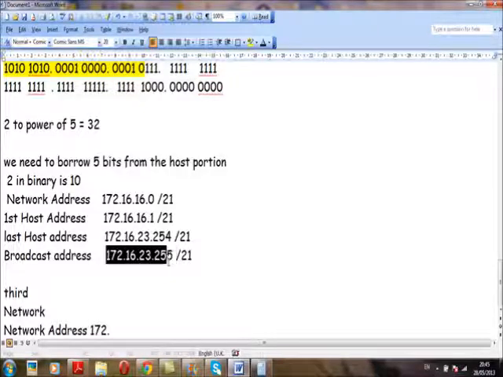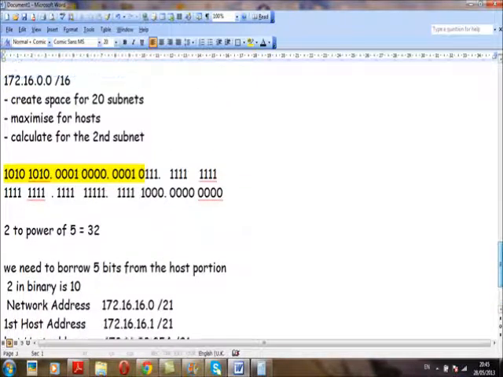If we add 1 more, then we are in the next network in the network address. So we've got 16.24.0, /21, and that would be the third network. And when you look at it, it makes sense as well, because if I increment this expression by 1 more, that digit here would be set to 1, and the rest would be set to 0, and then I'm in the next network.